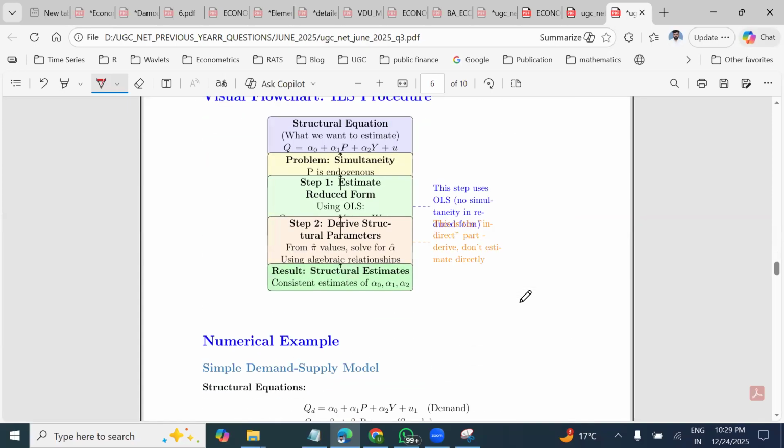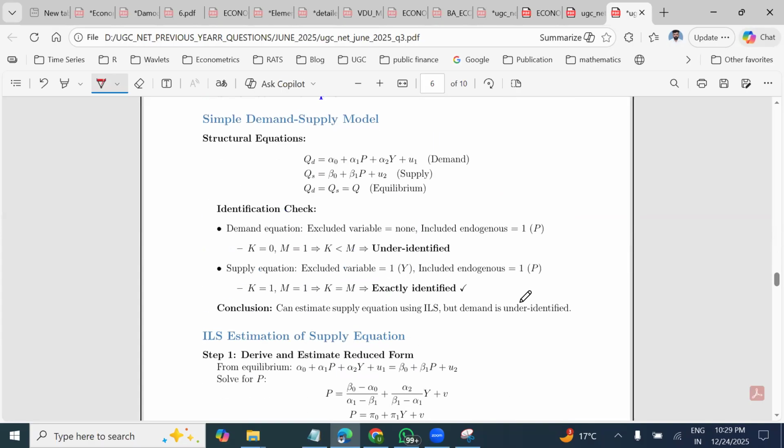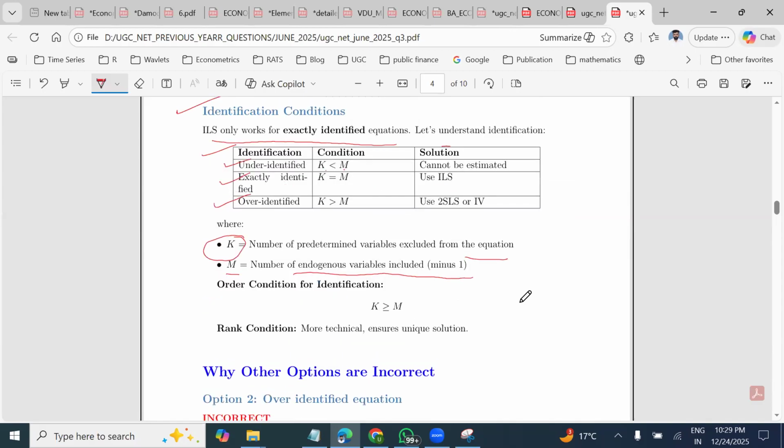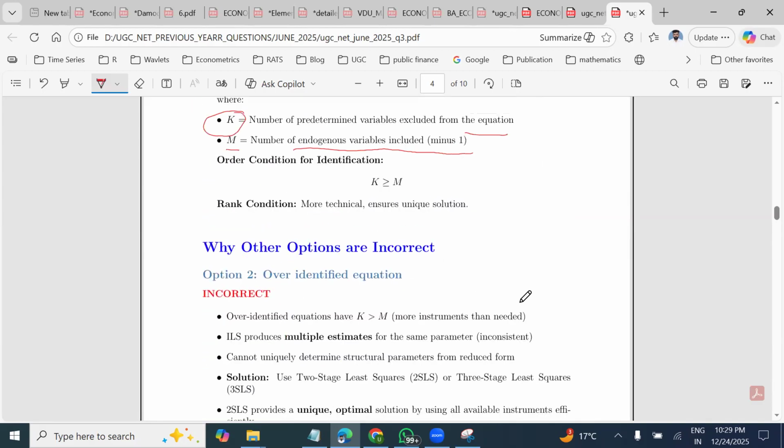I think here one numerical example is given. When you do it, I think it will be clear. Okay, Madhusmita? Yes, sir. I think we actually need the other econometrics book. Right now I have to locate that book and then I will give it to you in PDF form.